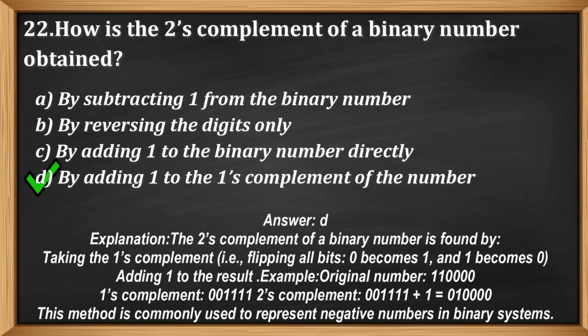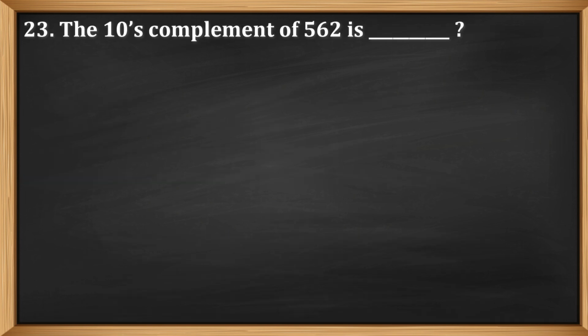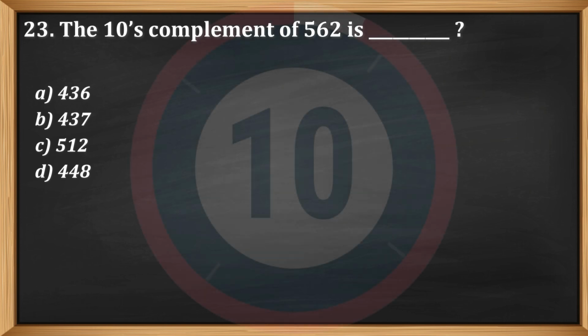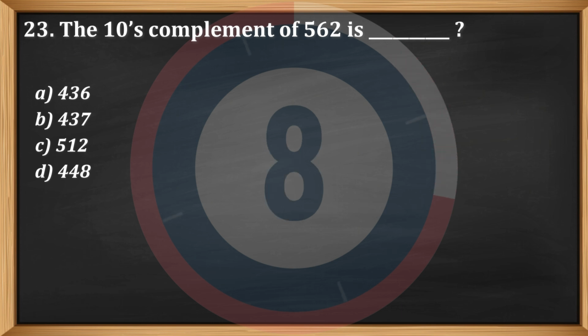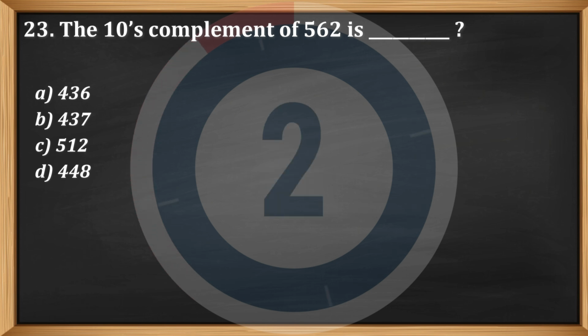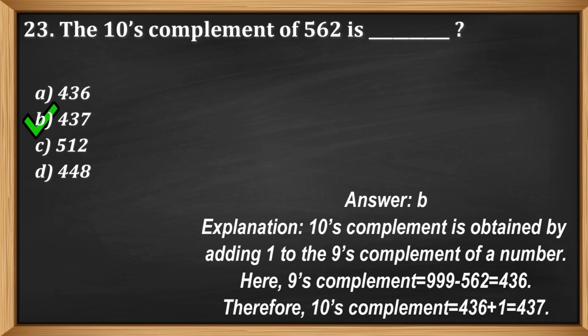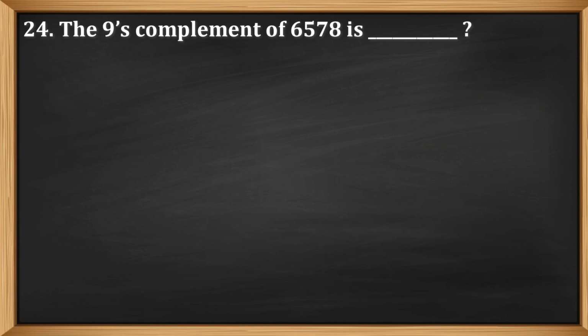Option D, by adding 1 to the 1s complement of the number. The 10s complement of 562 is option B, 437.